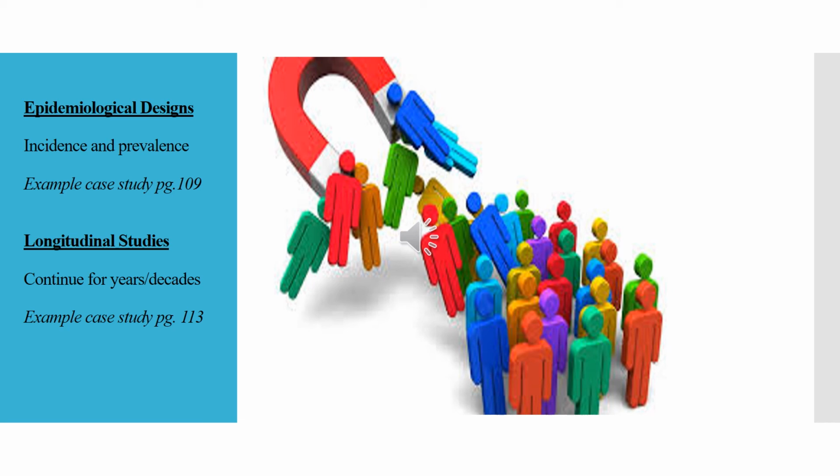Longitudinal panel design, total population design, repeated cross-sectional design, and revolving panel design are all designs that you can find under longitudinal studies. In the revolving panel design, participants are added and dropped over the years of the study.